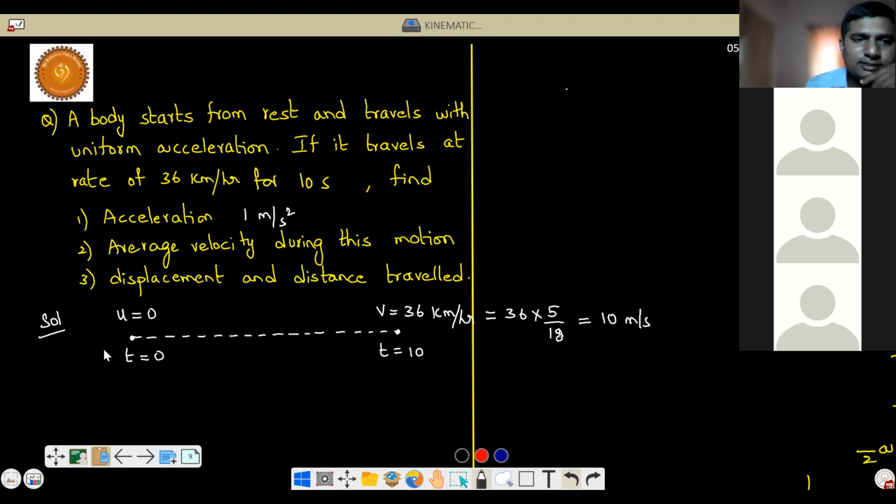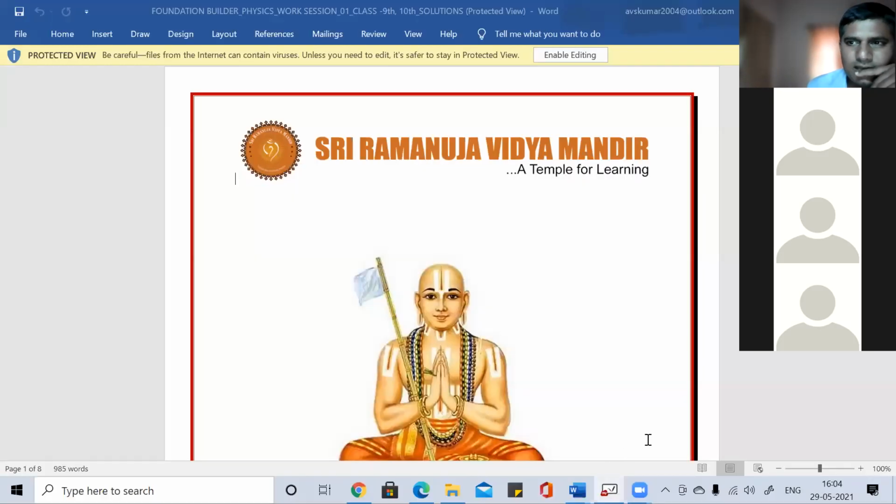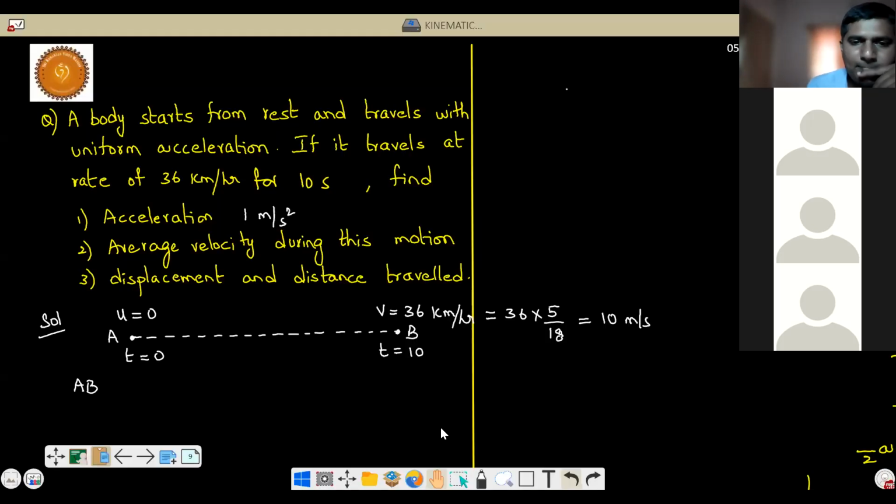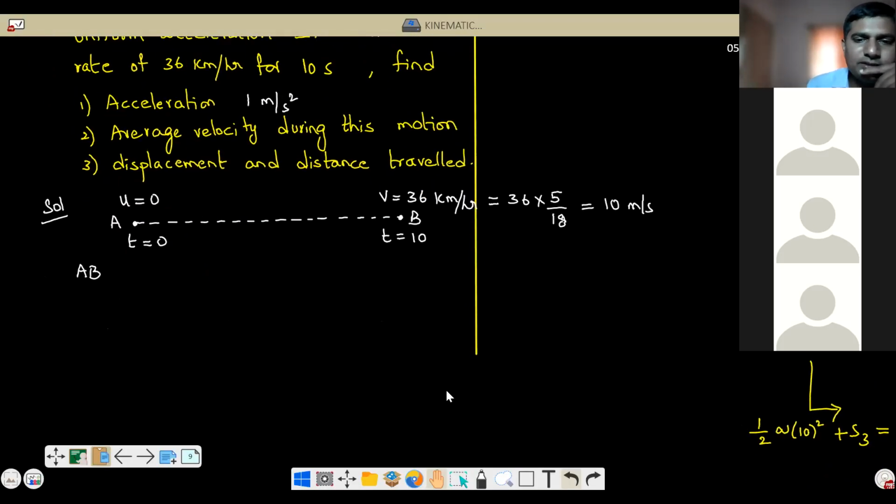Now they're asking the acceleration. Let us say this is A, this is B. In this interval AB, let us apply the equation V equal to U plus AT.